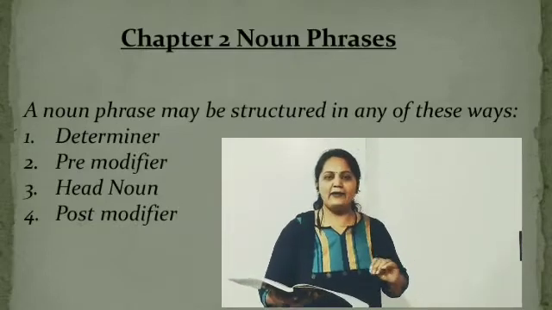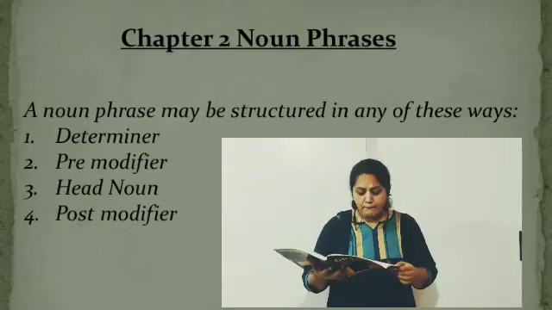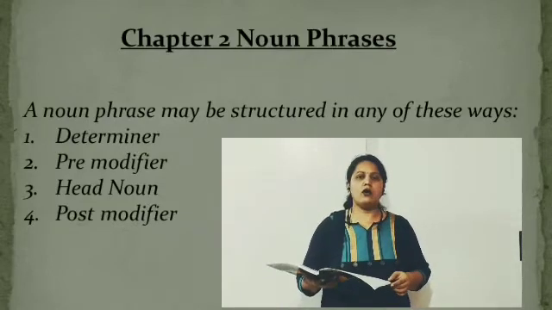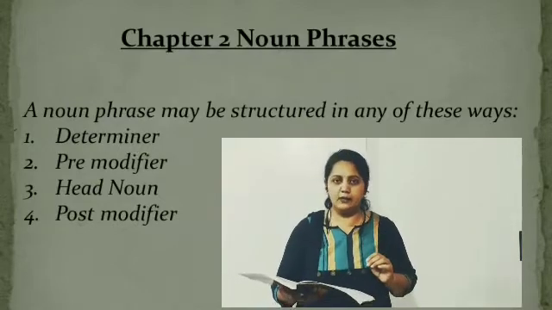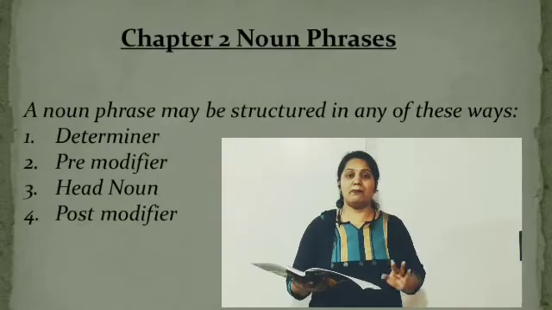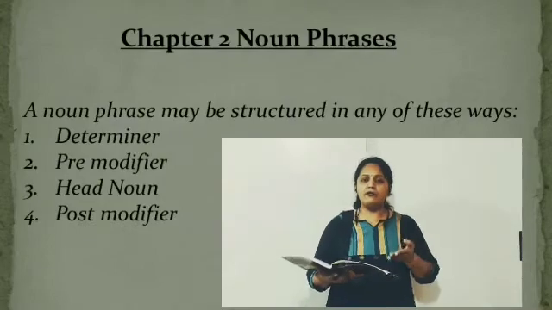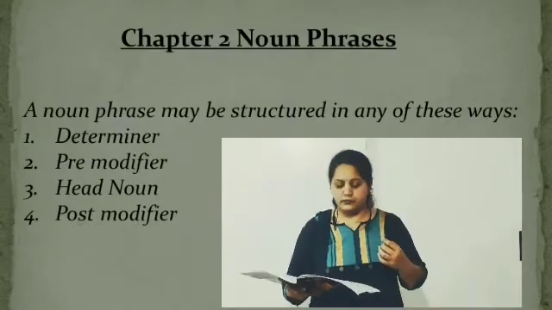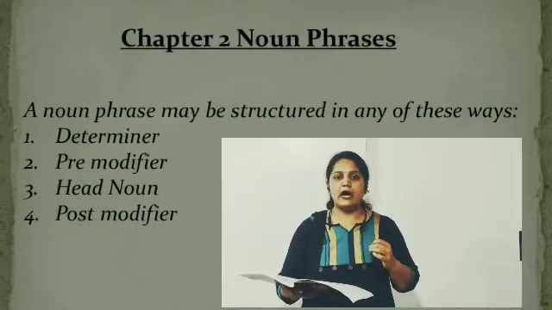Let us look at an example of a post-modifier: many people in our colony. Here we have the head noun people, and before that a determiner, many. After people, a group of words follows: in our colony.